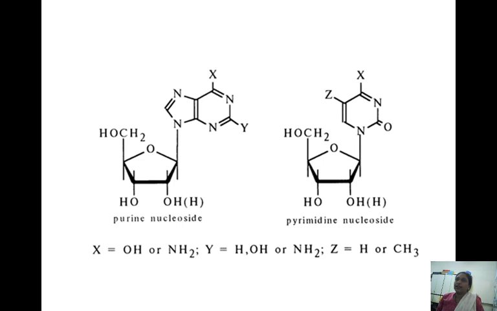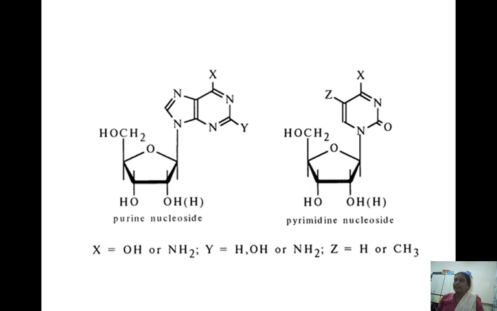Okay. Now coming to the nucleosides. How is a nucleoside formed? Whenever a sugar, which may be ribose or deoxyribose, is attached to a nitrogen base, a nucleoside is formed. The nitrogen base may be purine or pyrimidine.